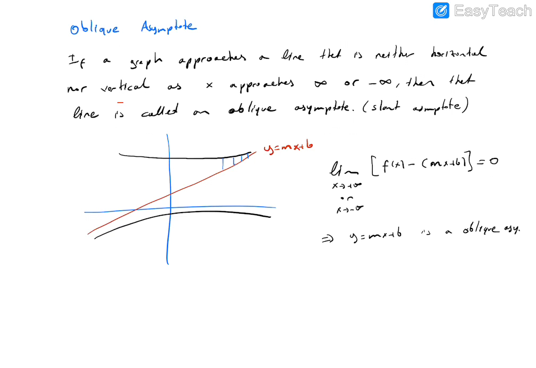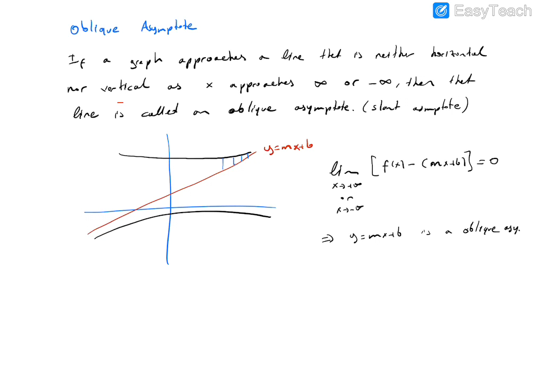How can we find the oblique asymptote? For a polynomial type function, by dividing the numerator by the denominator, you can calculate it, okay?